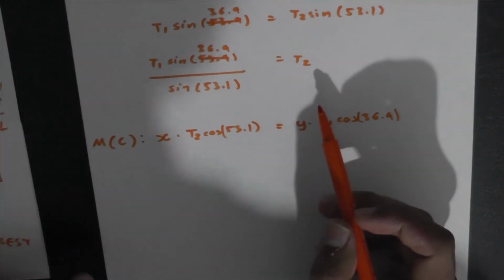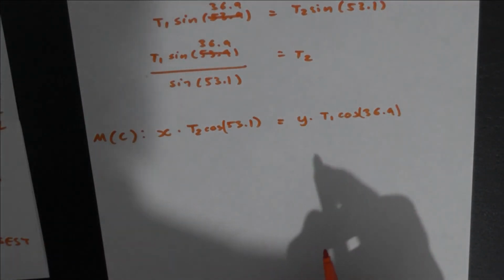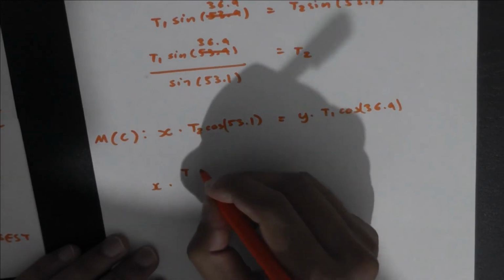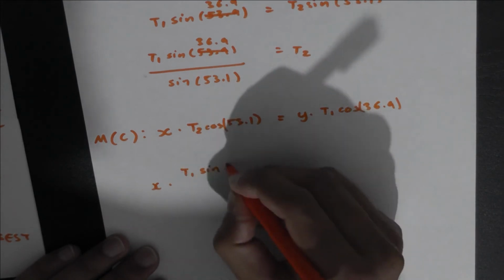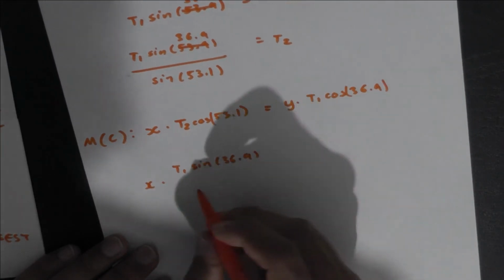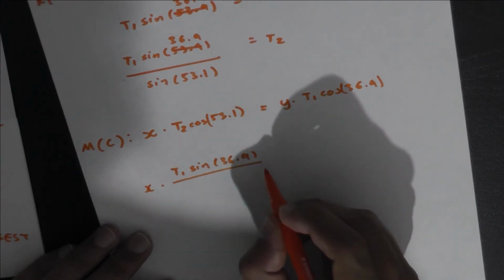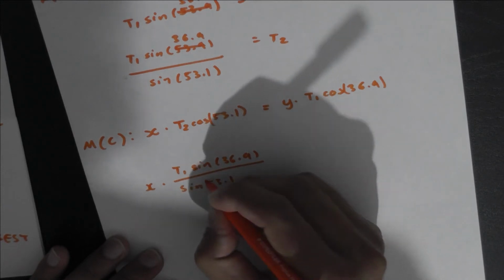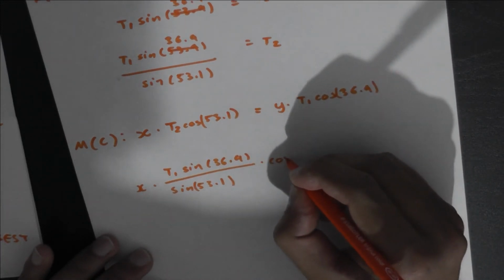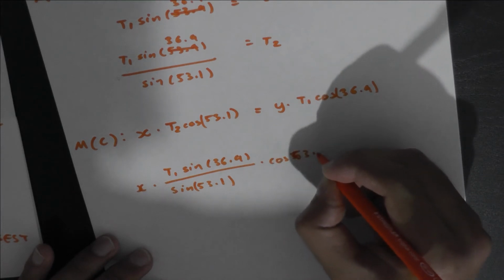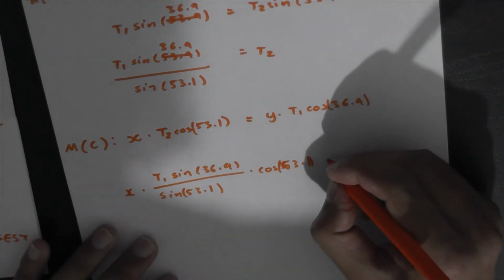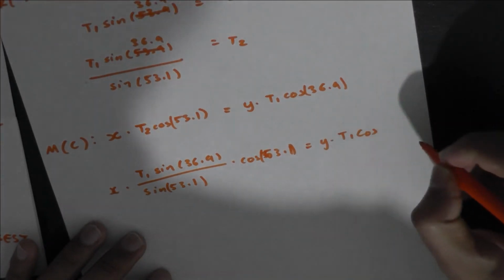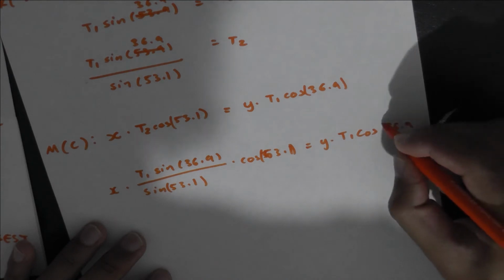Well, we have this handy result from the top, so we're going to use that. x times T1 sine 36.9 over sine 53.1, and then multiply that by cos 53.1, and that equals y times T1 cos 36.9.